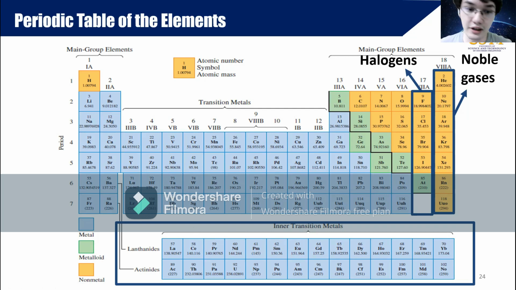And so we have here our lanthanides and the actinides. Usually, these are all radioactive in their natural form. For example, uranium, which is used in our nuclear reactors to produce energy.